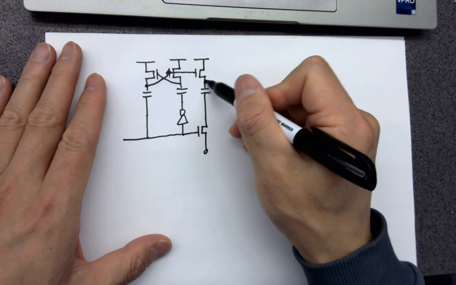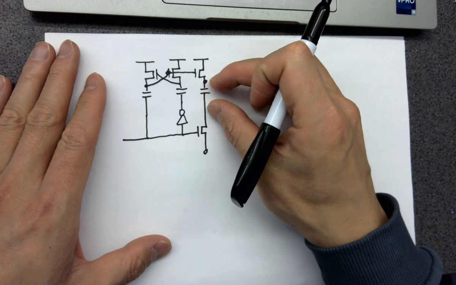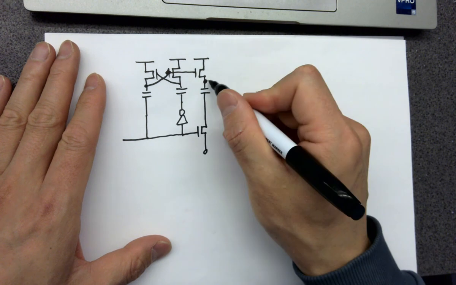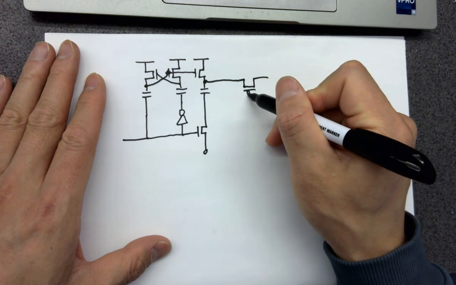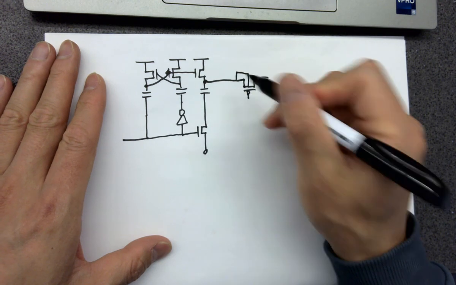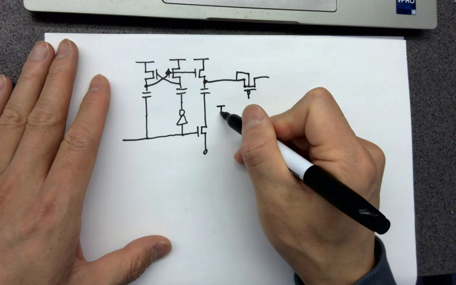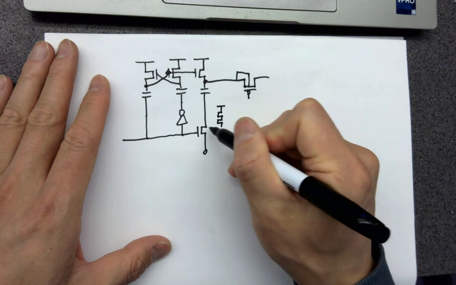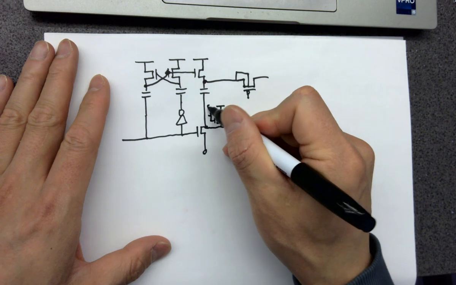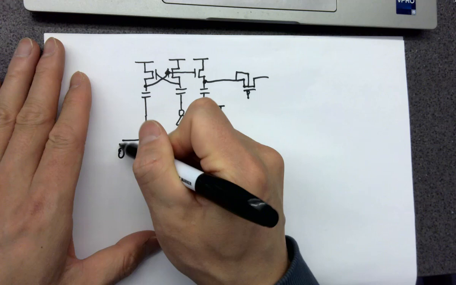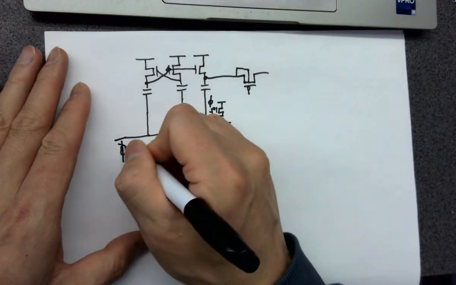Starting from this point, because this capacitor is going to hold that floating VDD, apparently you need a little PMOS as a switch. And here is another inverter. The signal phase is phi, and this is phi naught.